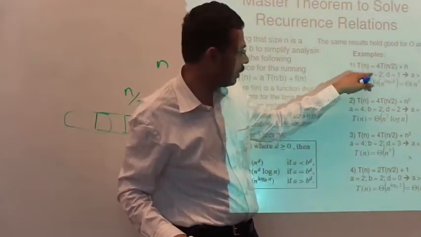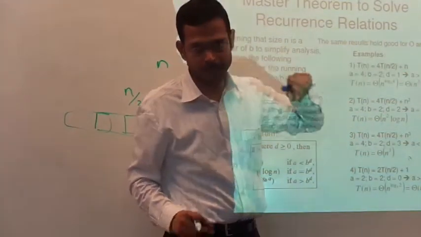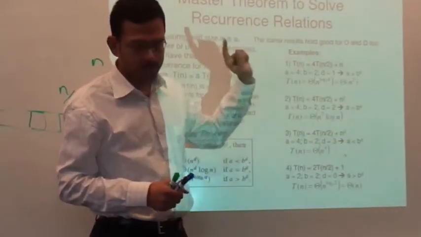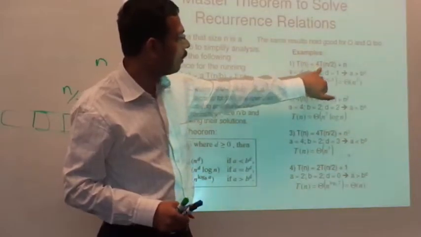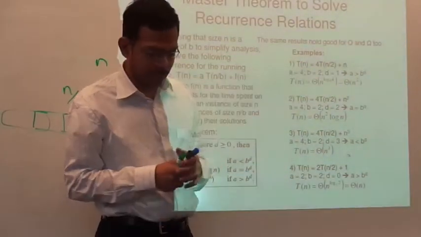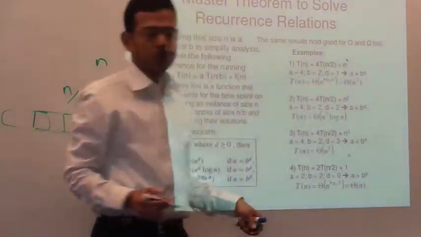That's what we are now interested in. T of n is 4 times T of n over 2 plus n. So how do we approach solving this? Given a recurrence like this, your first step is to find a, b, and d. What is a? 4. b? 2. What is d? 1. Why 1? Because n can be written as n raised to 1.